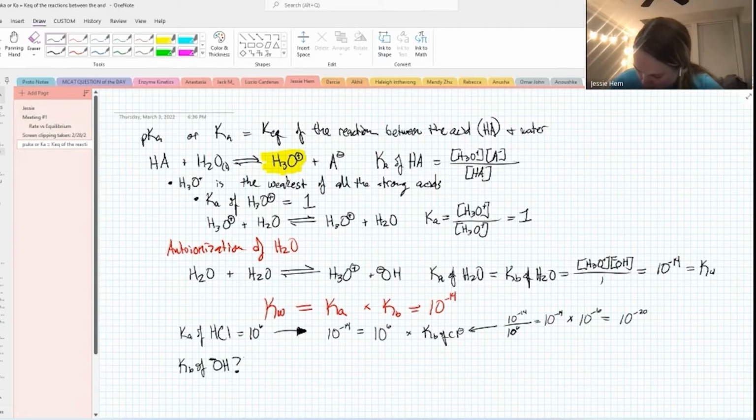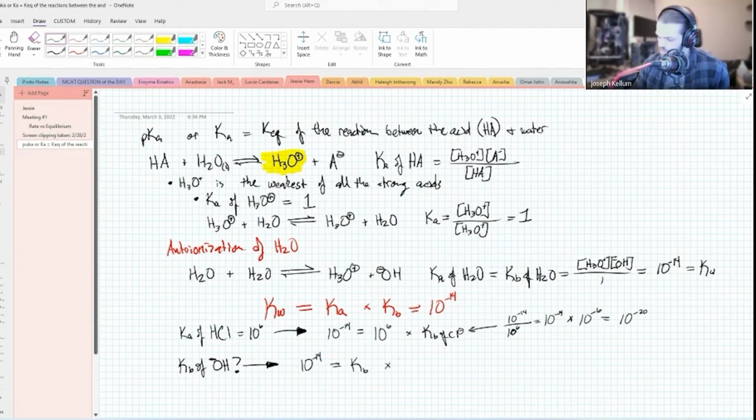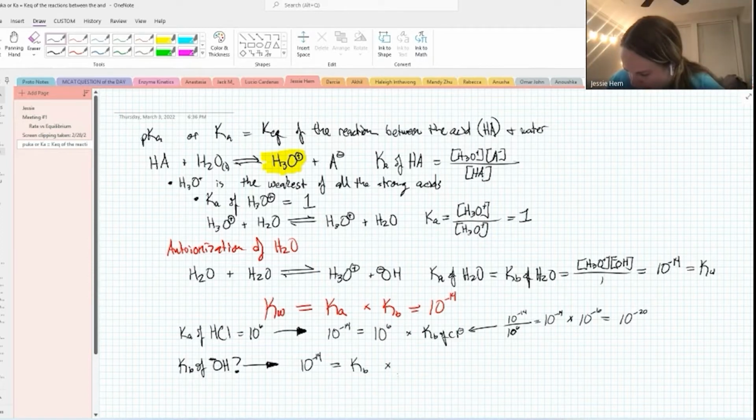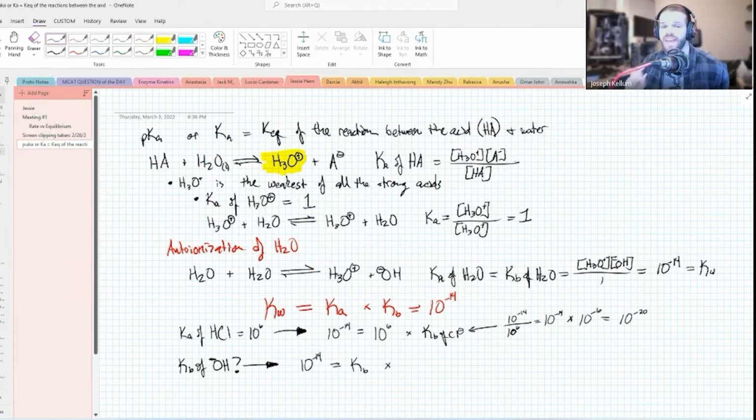So I would do Kw is 10 to the minus 14th, which equals Kb times the Ka of the conjugate acid, which is just H2O. And we know the Ka of hydronium is 1. Ka of water is 10 to the minus 14, remember?